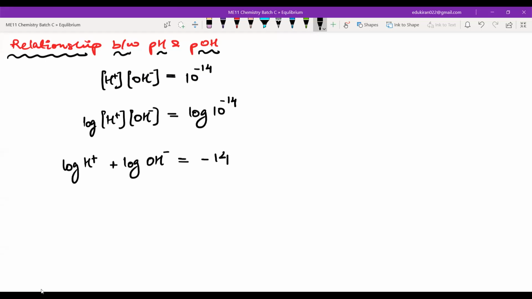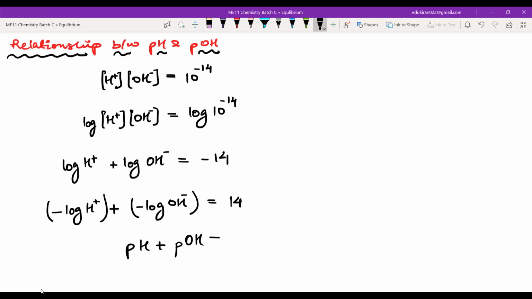Then I will multiply by minus 1 in the complete equation, and we will get minus log of H plus minus log of OH negative equal to 14, because minus minus will be 14. So minus log of H plus is equal to pH, minus log of OH negative is equal to pOH, and this will be equal to 14. Okay, so just write this down.